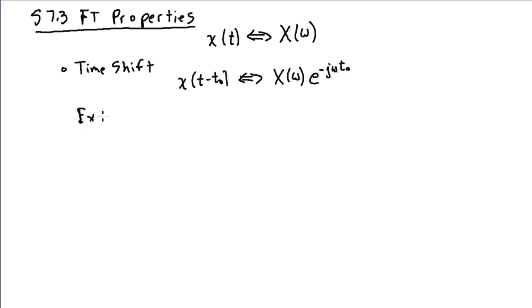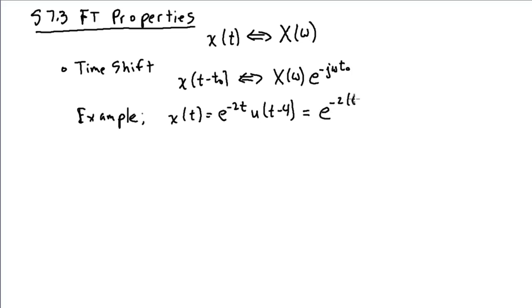So just a simple example. We've got x of t is e to the minus 2t, u of t minus 4. Okay, I have to do a little algebra trick to get a t minus 4 here, because this is a function that first becomes non-zero at t equal to 4, so it's a time-shifted function.